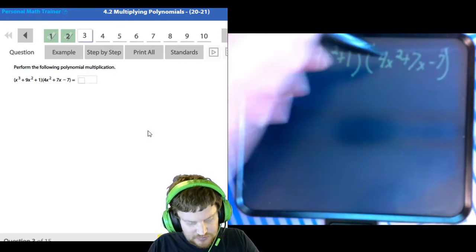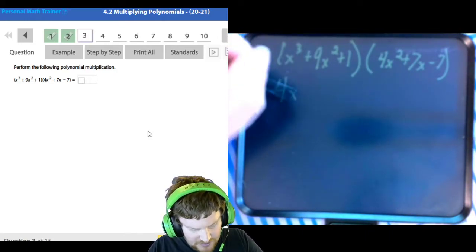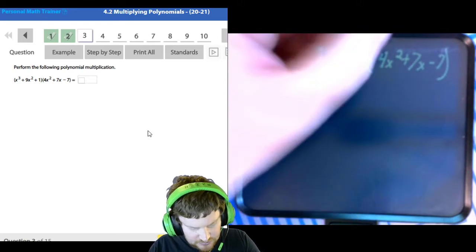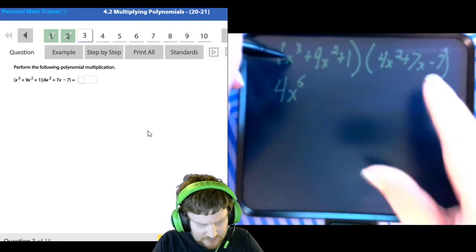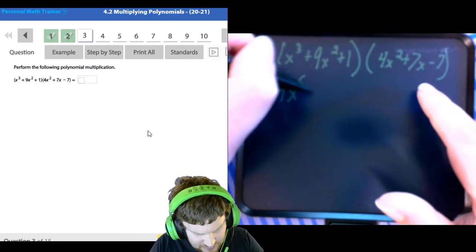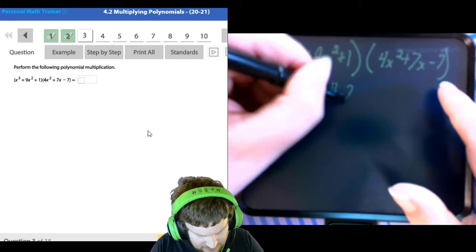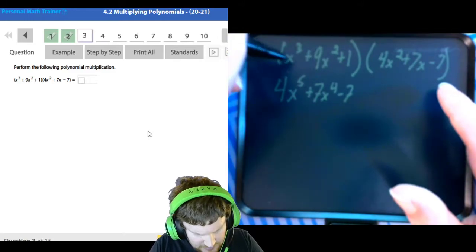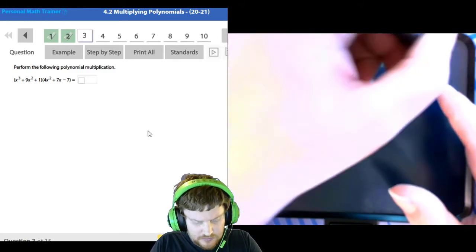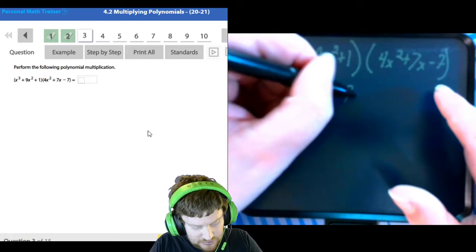So x cubed times 4x squared is 4x to the fifth, because cubed and squared. And then I've got plus 7x to the fourth, minus 7x squared. X cubed, sorry.